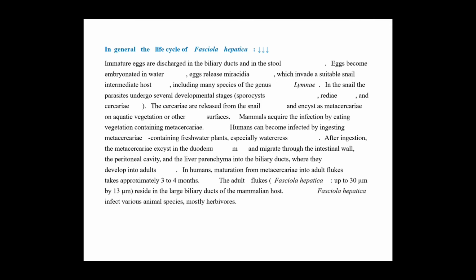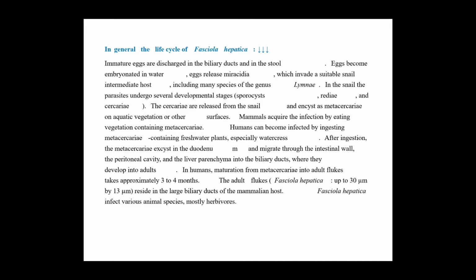The egg releases miracidia, which invade a suitable snail as a first intermediate host, including many species of the genus Lymnaea. We can't concentrate on the names, but you should keep in mind the first intermediate host is a snail.